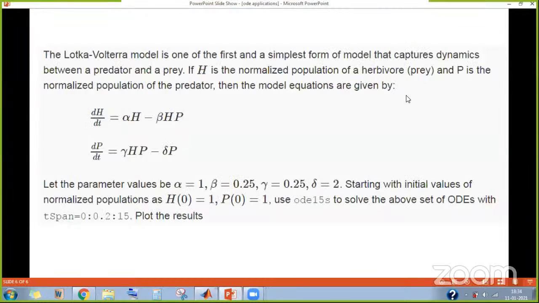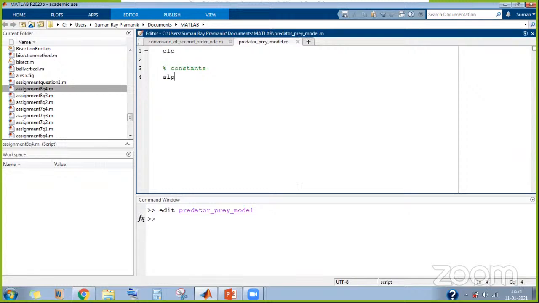So alpha is 1, beta and gamma are 0.25, and delta is 2.